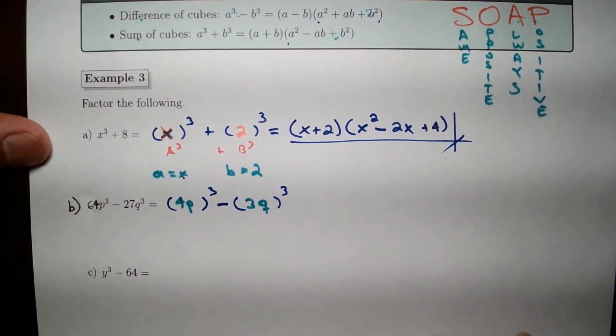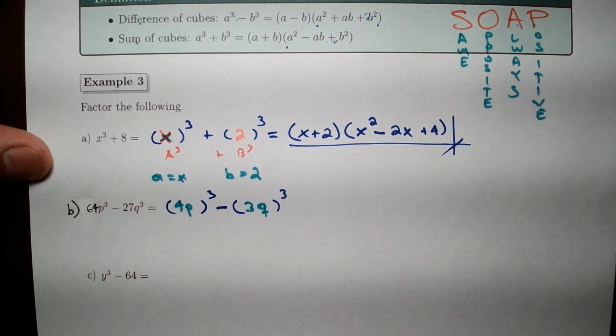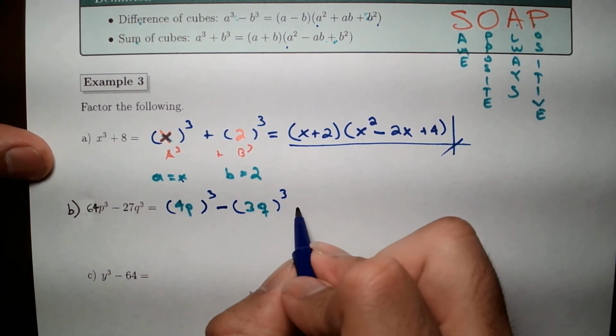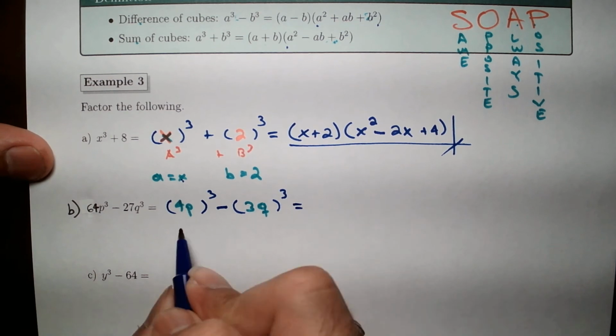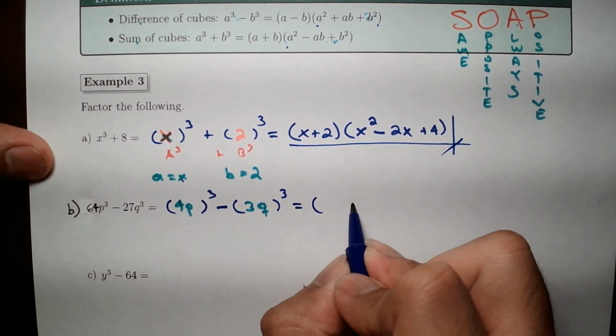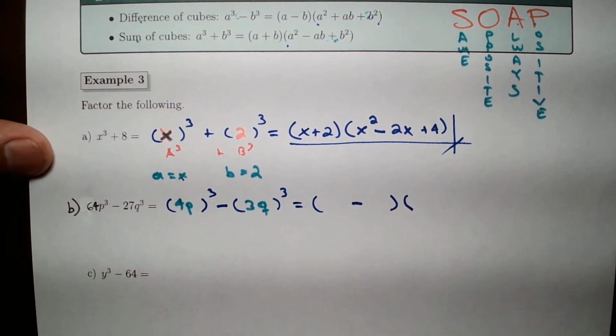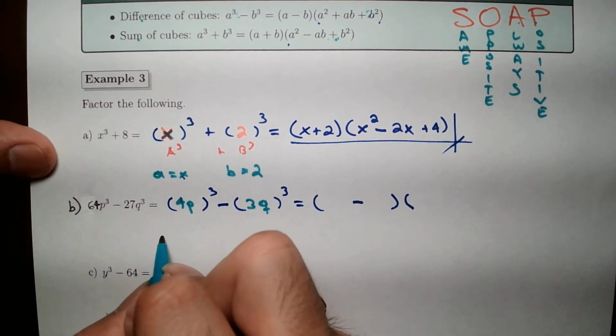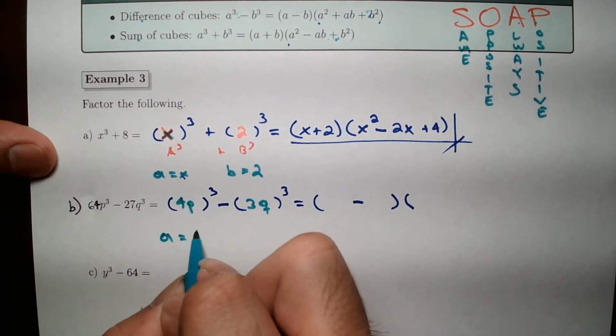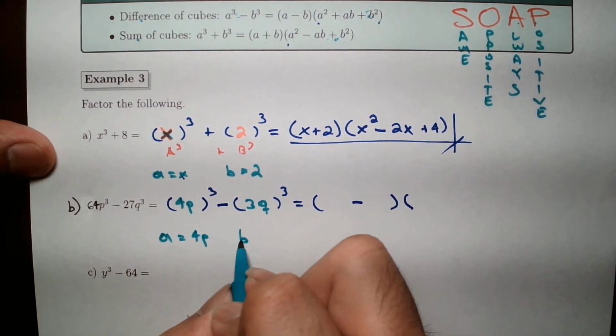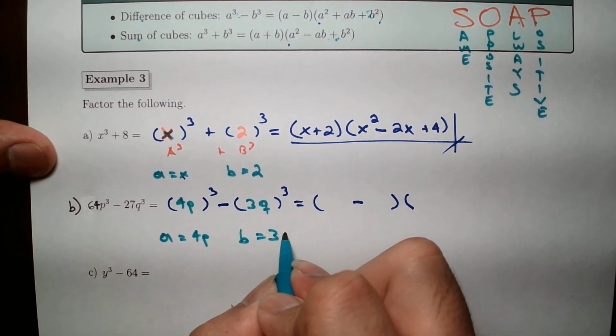All right, so now we're going to use the difference of cubes. So in this case, same, minus, and I'm going to leave some space for the rest. Actually, A in this case will be 4p and B will be 3q.